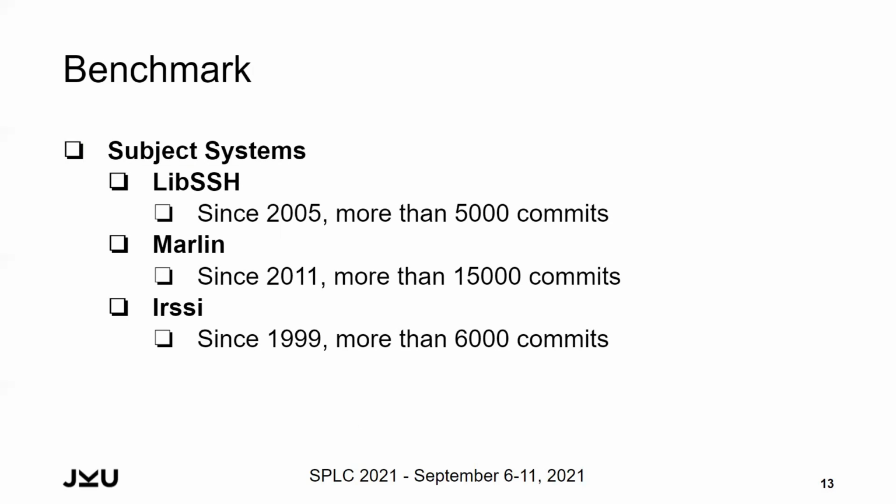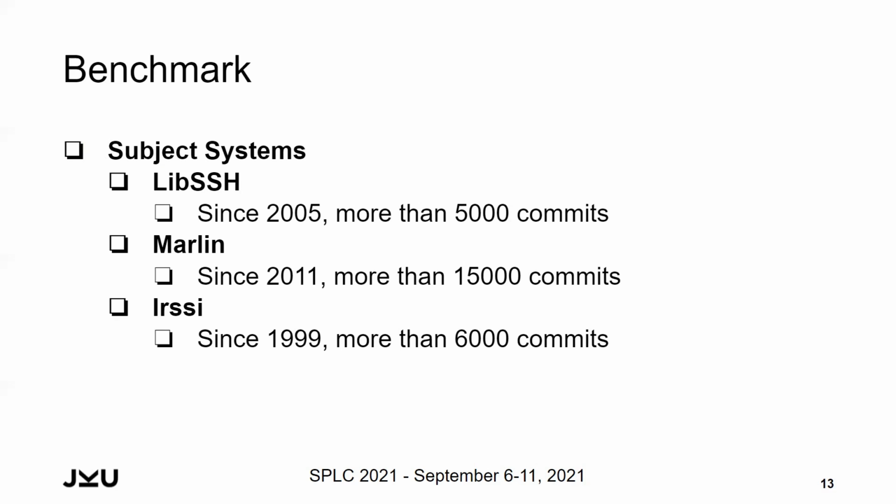The dataset of our benchmark is extracted from 3 subject systems which have been used in previous studies already and are managed in Git repositories. The libSSH system is a multi-platform C library implementing the SSH-v2 protocol on the client and the server side, and this project was initiated in 2005 and now has around 5,000 commits in the master branch.